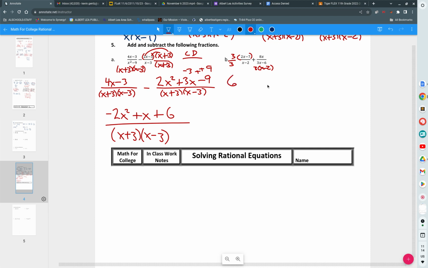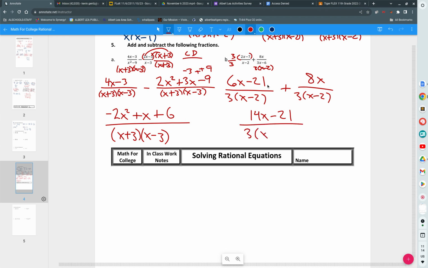And so we have 6x minus 21 over 3 times x minus 2, and we will add to that 8x over 3 times x minus 2. Combine our like terms, we get 14x minus 21 over 3 times x minus 2. And that's my result.